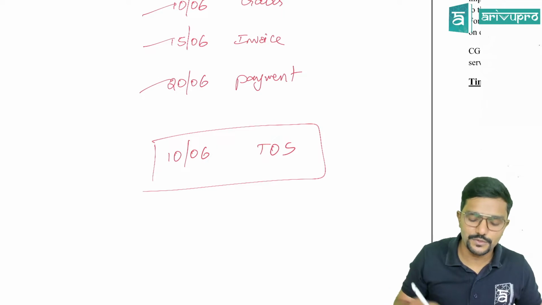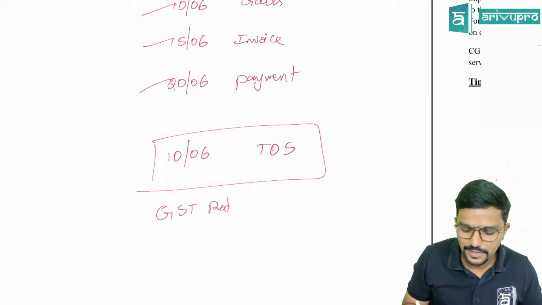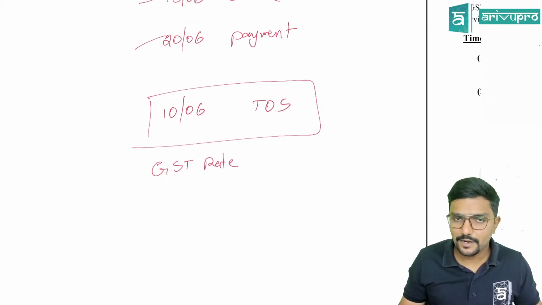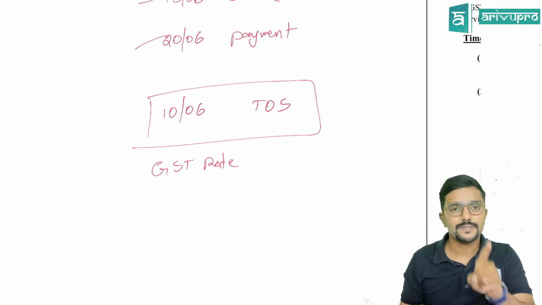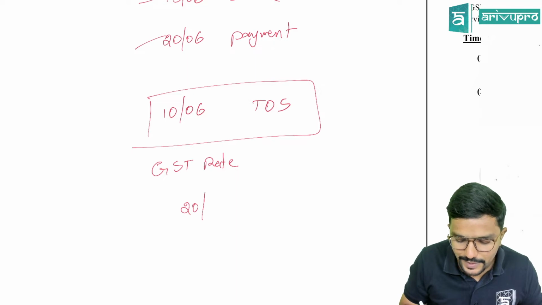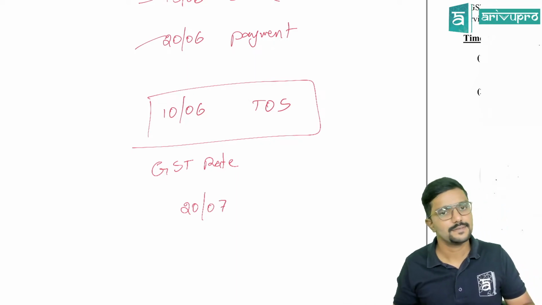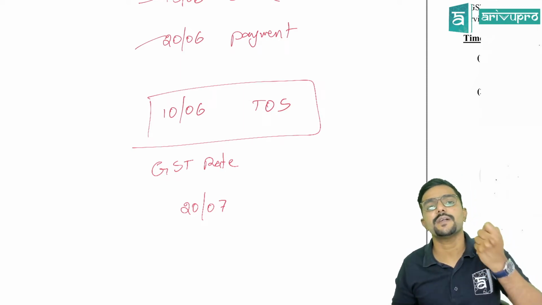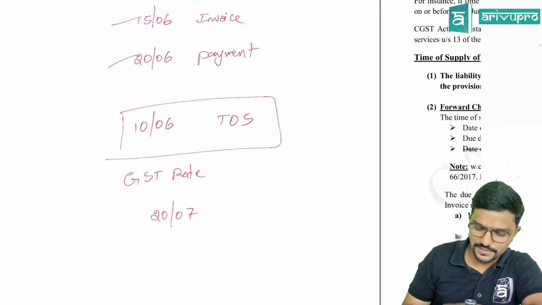So on 10th June, whatever GST rate is there will be applicable. 10th June is the date of liability, which will help you decide the due date of payment. So supply has taken place in June. What is the due date for payment of tax? 20th July. Clear? So time of supply will help you decide the GST rate, due date of payment, everything, guys.